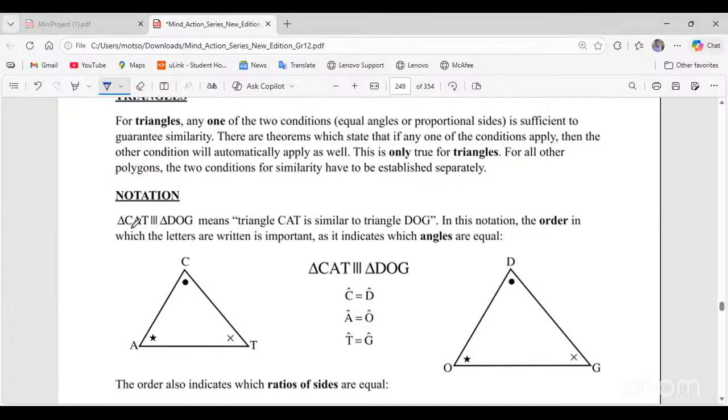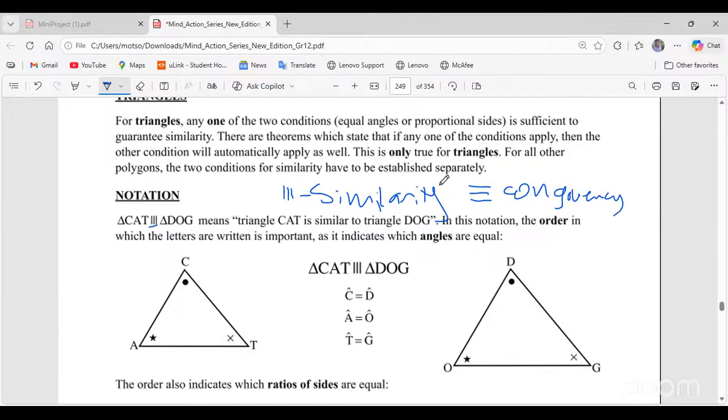So note that this sign with the three vertical lines is for similarity, and the one with three horizontal lines is for congruency.